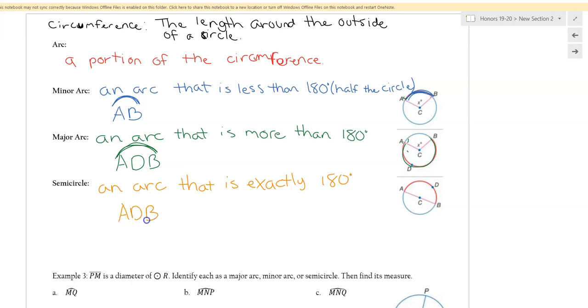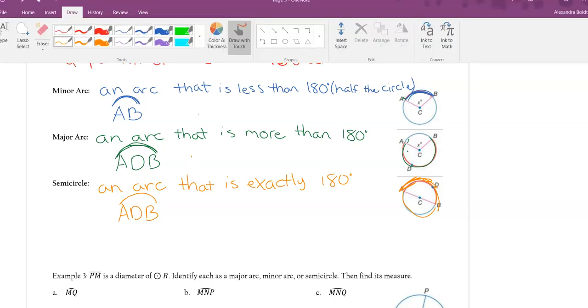A to D to B. I could also say arc AB, but that would be this semicircle along the outside instead of this one. Both are semicircles, but the one they had darkened was A to D to B. So semicircles could be named as arc AB or arc ADB, depending on which one you're looking at. Okay, so it could fit either of those rules.